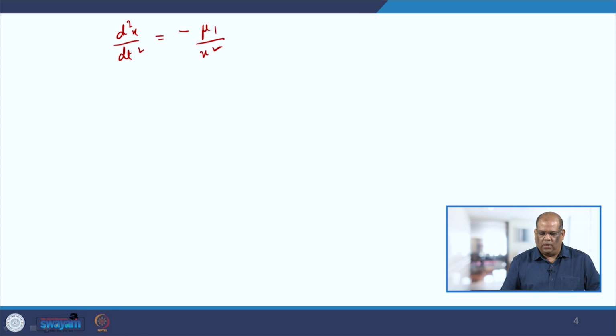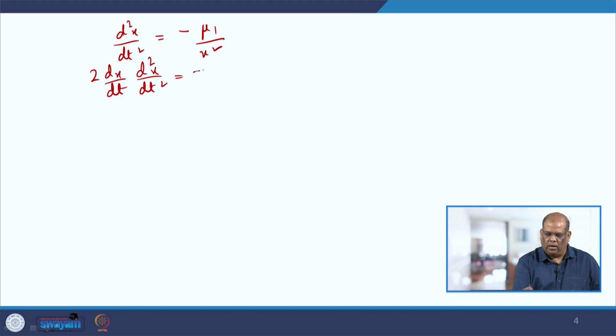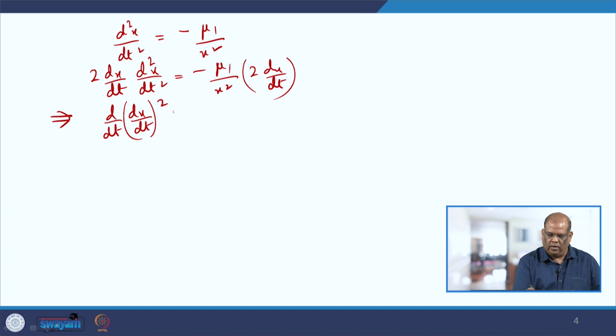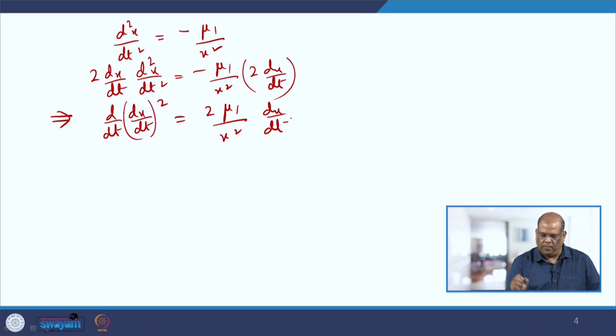Now, to solve this kind of differential equation, you have to multiply both sides by dx/dt: d²x/dt² times 2 dx/dt equals minus μ1 by x² times 2 dx/dt. This gives d/dt of (dx/dt) whole squared, which is equal to minus 2μ1 by x² dx/dt.